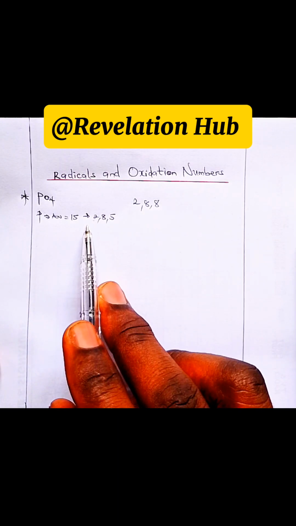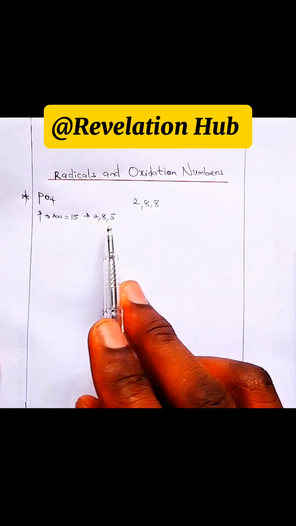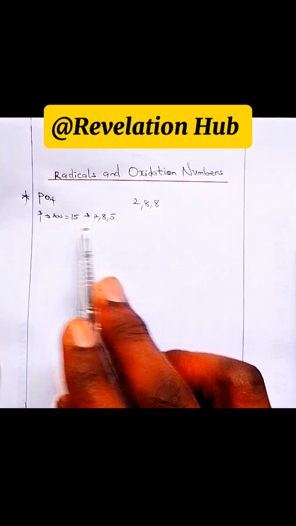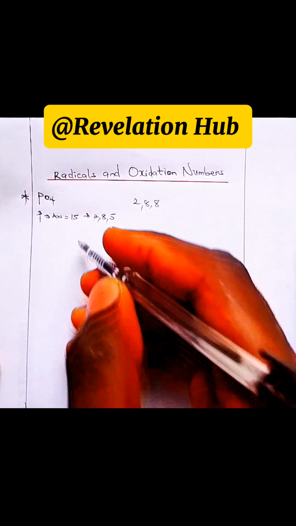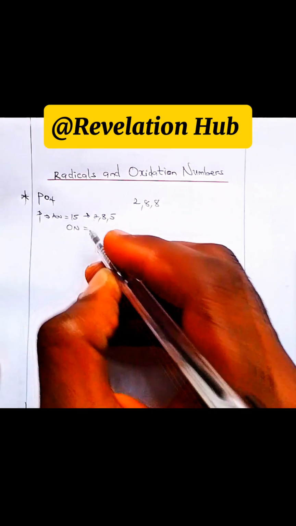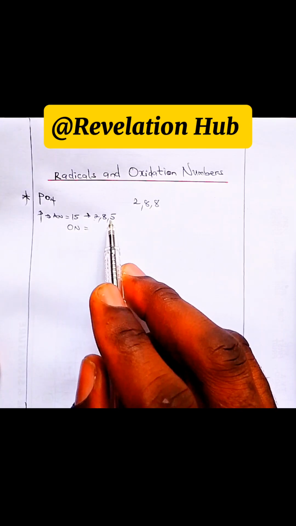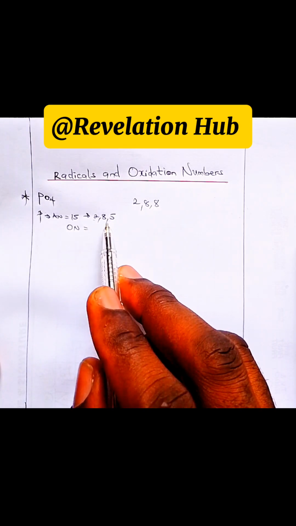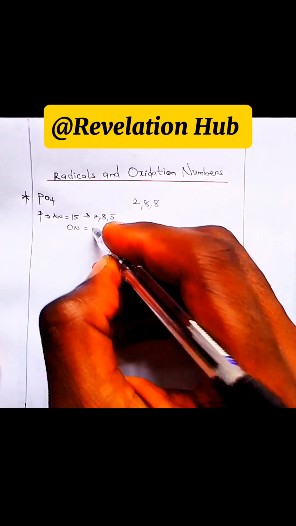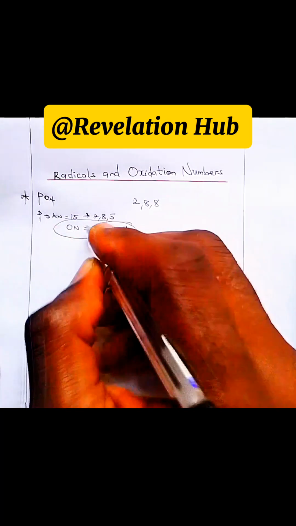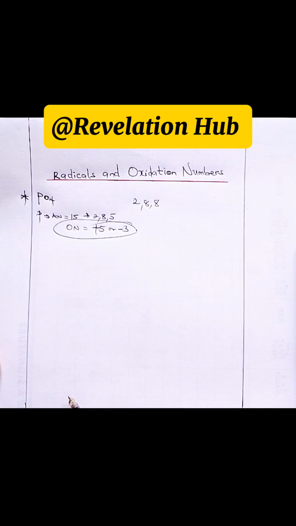So for phosphorus, the first shell takes 2, the second 8, the third 5. That makes it 15 altogether. So phosphorus is not complete. It means phosphorus has to either borrow 3 electrons or give out these 5 electrons in the top shell to attain a balance. So phosphorus is either plus 5 or minus 3. That was said already in the previous exposition.